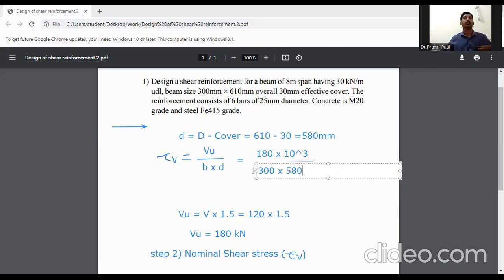It's 580 mm. So nominal shear stress will be calculated as 180 into 10 raised to the power 3 divided by 300 into 580.